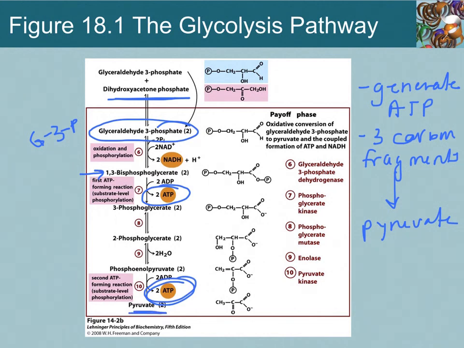We're going to go through each of these reactions in greater detail. Remember that the second stage is the payoff phase. This is where we generate ATP and we recuperate the loss from the first stage of glycolysis.